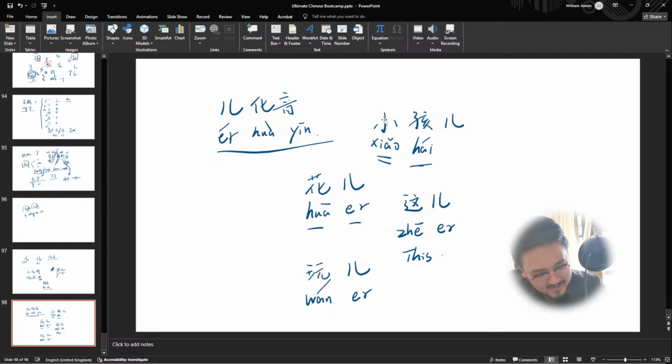I don't want you to intentionally become a northern Chinese speaker, but just to soften this, you can use it to make it more colloquial, more soft spoken and easy spoken. Okay.